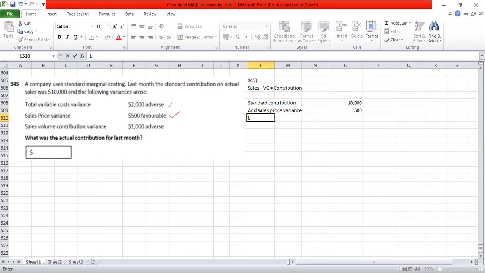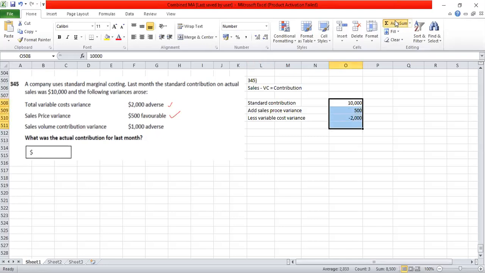So let's take variable cost variance minus 2,000. So after these adjustments are made, the actual contribution is 8,500.